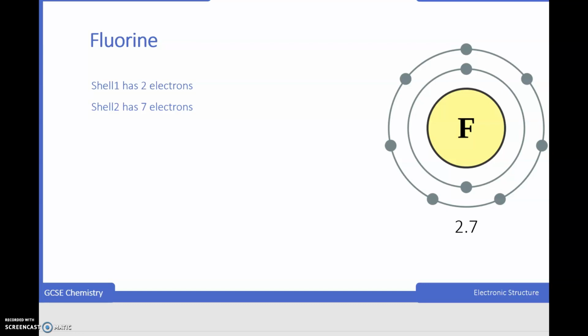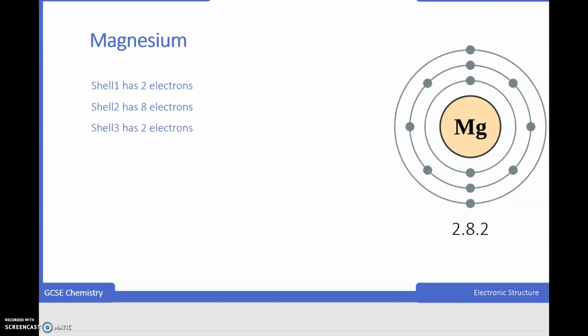Sorry, fluorine has 9 electrons, and in the first shell you've got 2, and in the following you have got 7 electrons, as shown in the diagram. So the electronic configuration is 2 and 7. Magnesium has 12 electrons. In the first shell it has got 2, the second has got 8, and the final has got 2. So that's how we write down the electronic configuration.